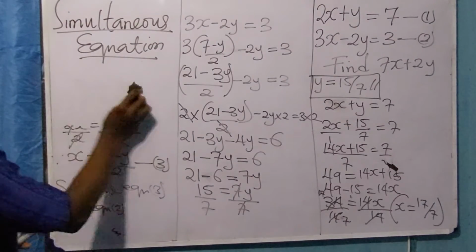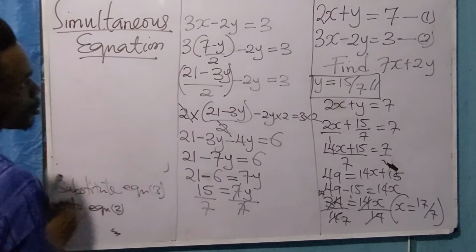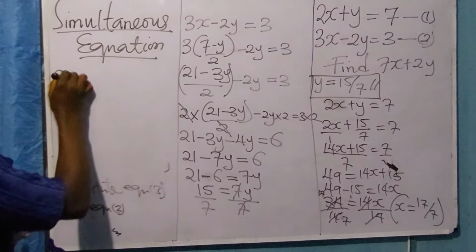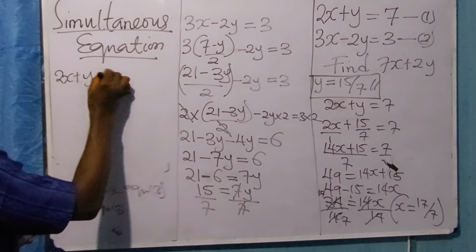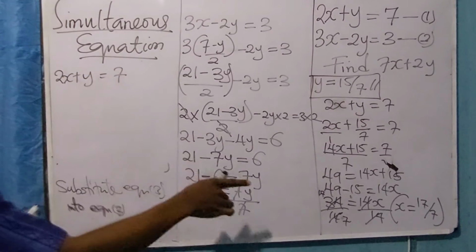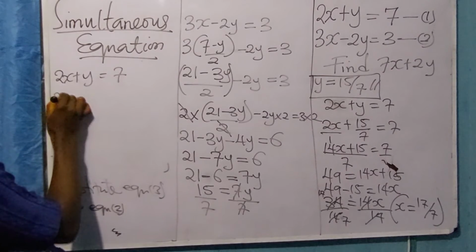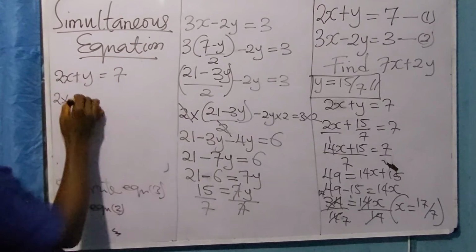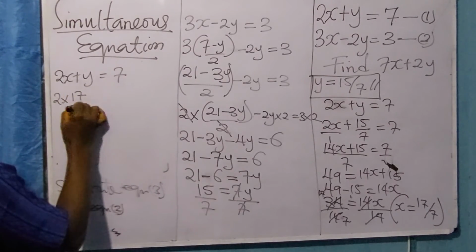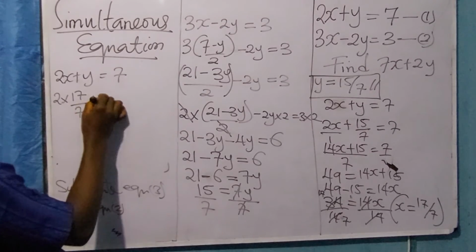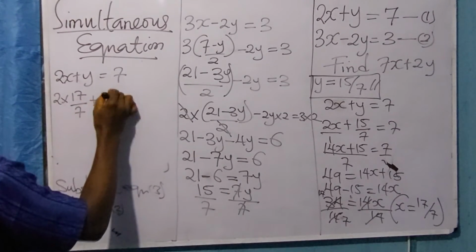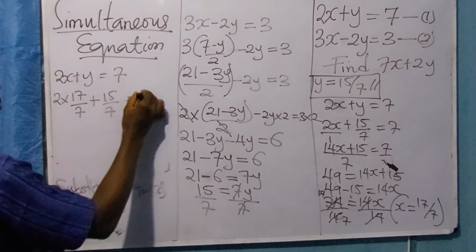If you want to check, you can use any of the equations. Let's use equation 1. 2x plus y equals 7. I put my x to be 2 times 17 over 7, whenever you see x, you put 17 over 7. Then plus, whenever you see y, you put 15 over 7 equals 7.